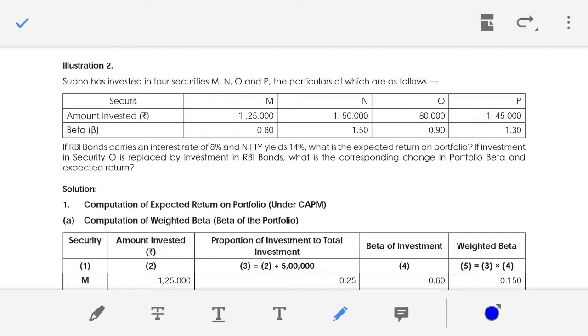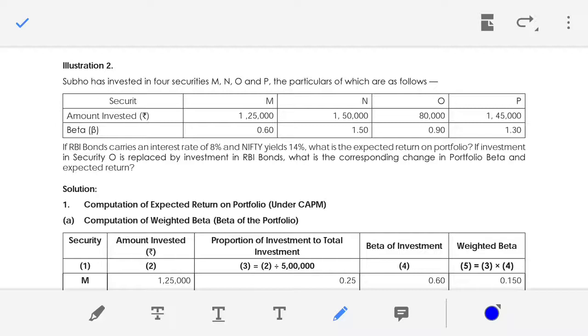Then we'll go to the question. What is the expected return on portfolio? What we need is RP, return on portfolio, E of RP, expected return on portfolio. Both the same, okay? If investment in security O is replaced with RBI bonds, firstly we have to calculate expected return on MNOP.